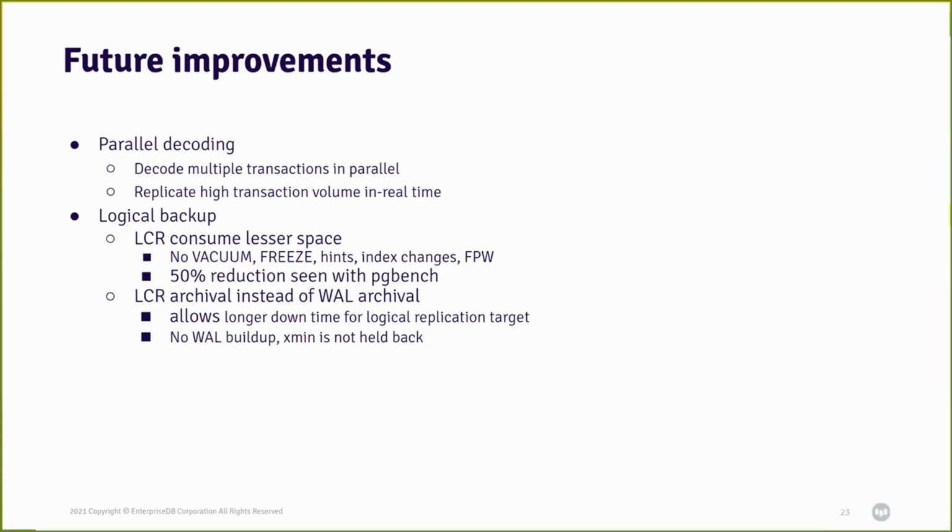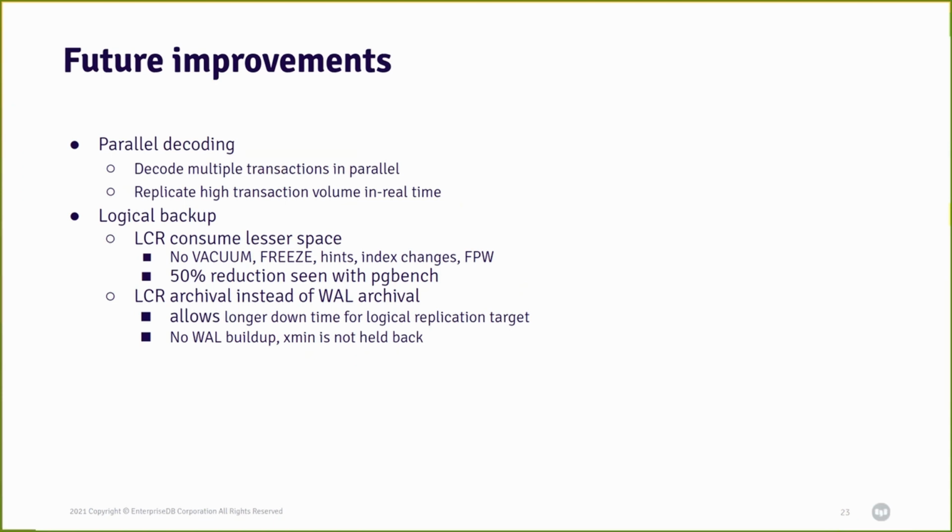So, okay, let's come to the end of this presentation and talk about what we are planning next for this technology. The first in line is parallel decoding. As we have seen in an earlier slide, although the replication lag is lesser when we are using WAL decoder, we are still seeing some replication lag.